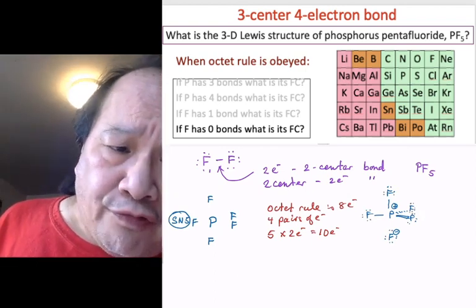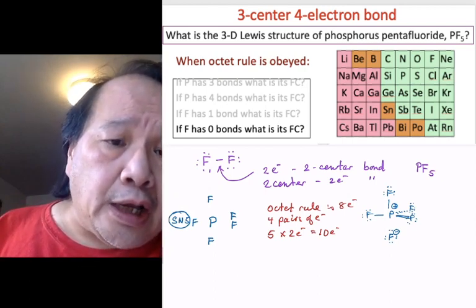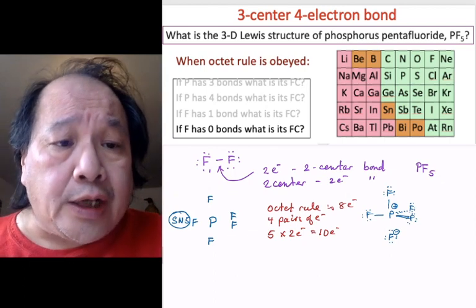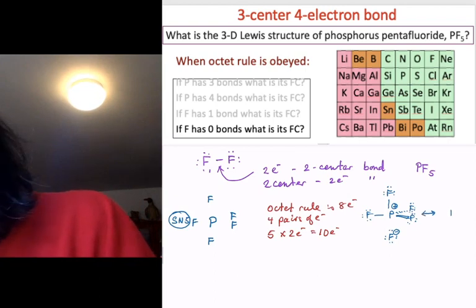First, it doesn't look like that fluorine in the bottom is bonded. But is there another Lewis structure, a resonance structure? And the answer is yes, there's this resonance structure.